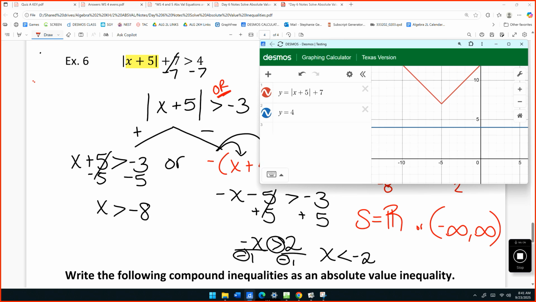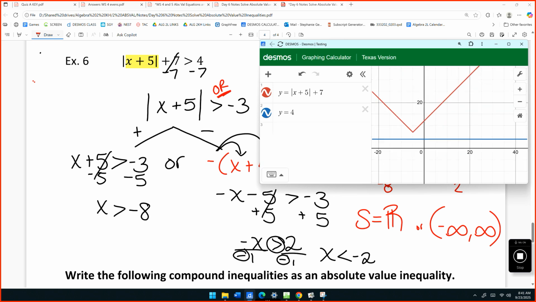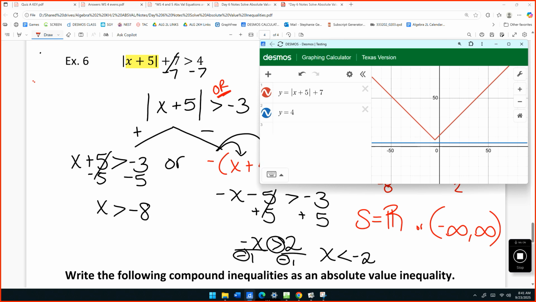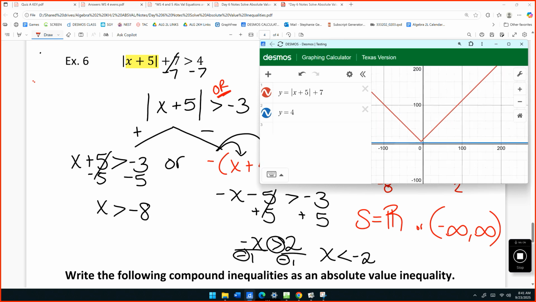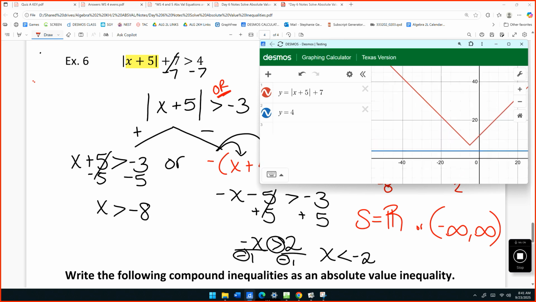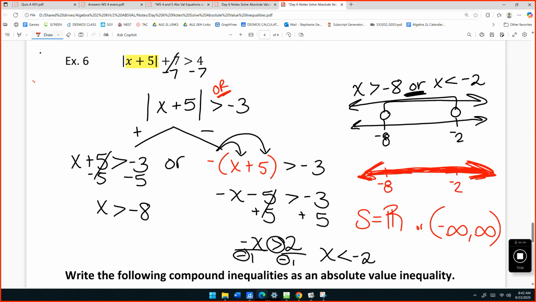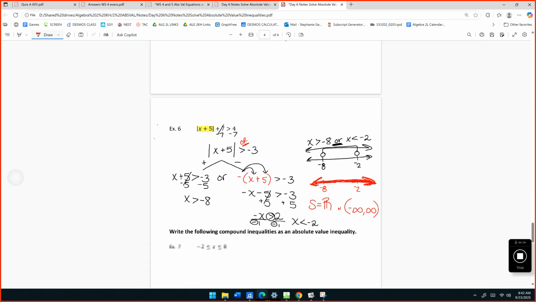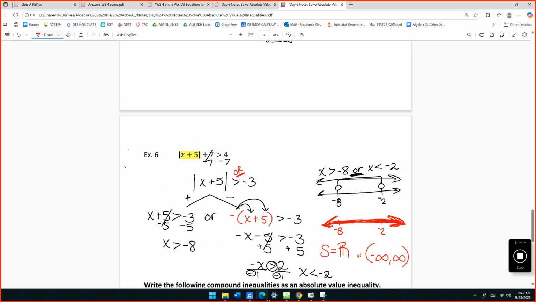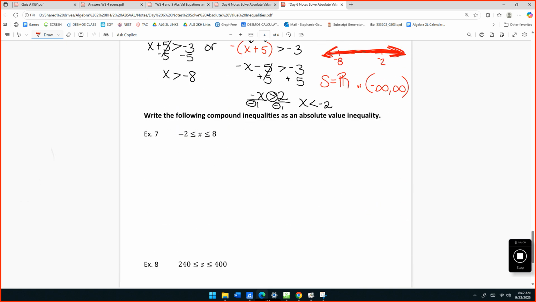So when is our absolute value function greater than 4? Well, for all values of x, right? Forever, this function is above 4. So that's why it's all real numbers. Okay? Cool? All right. So these were the special cases that I just wanted to show you before you hit your worksheet 5.